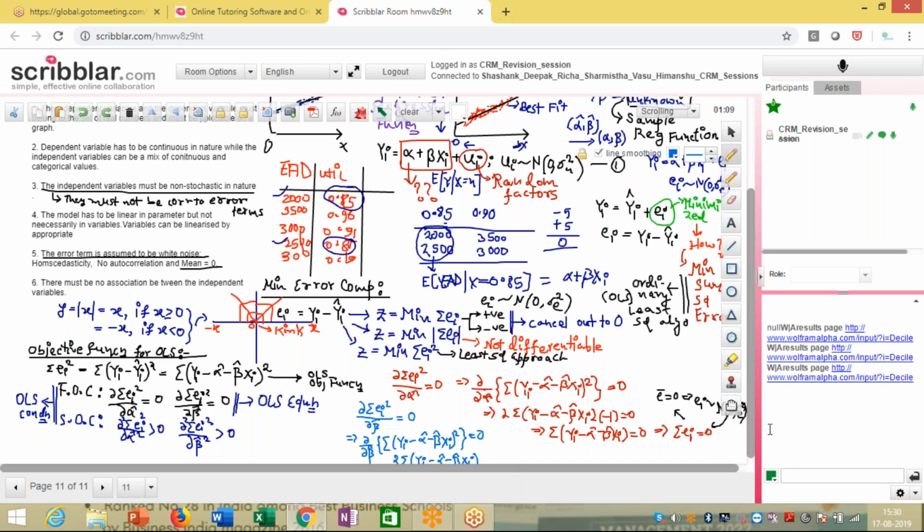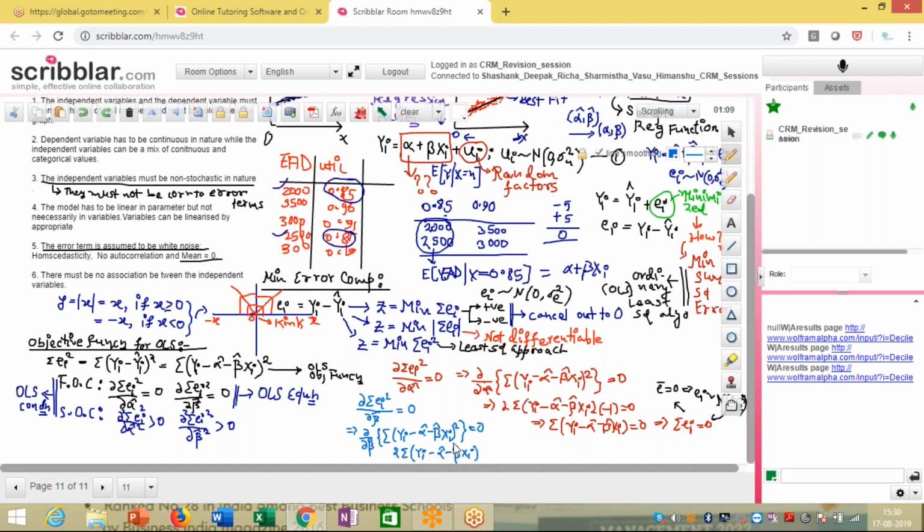First I differentiate this function, so it becomes 2 into summation of this. Now when I differentiate the beta inside, what I get is minus xi.